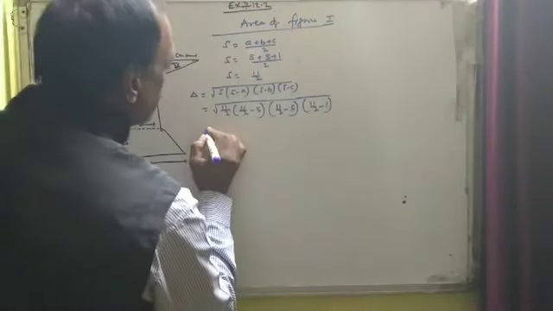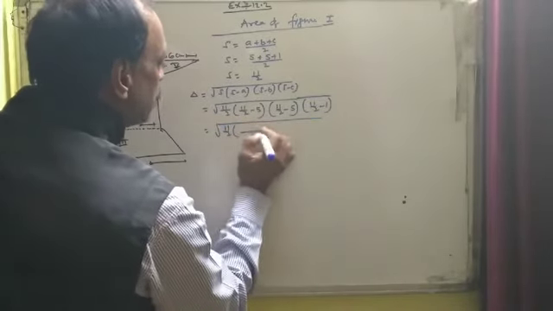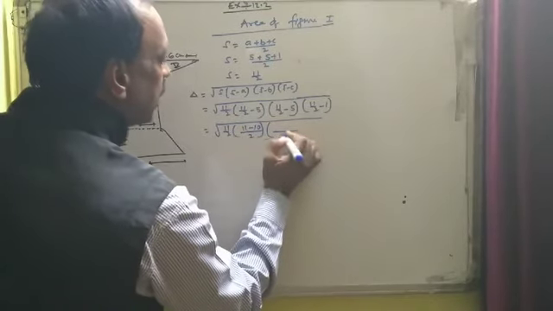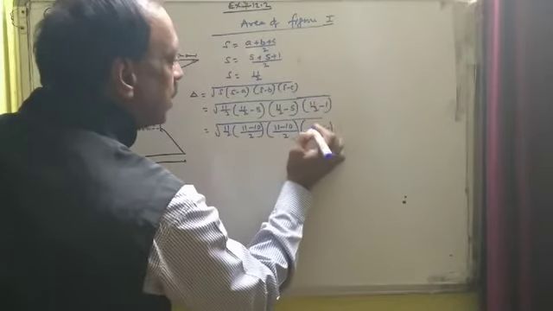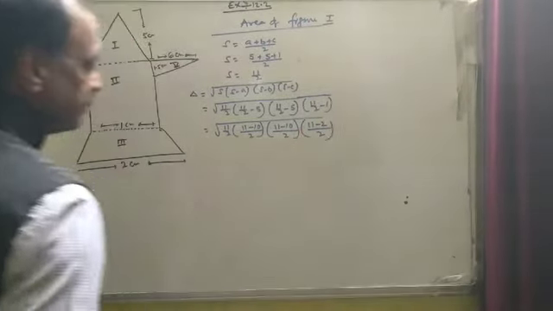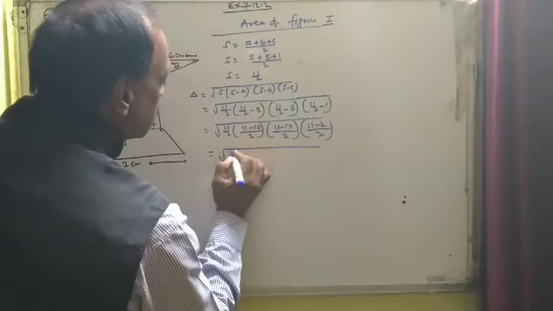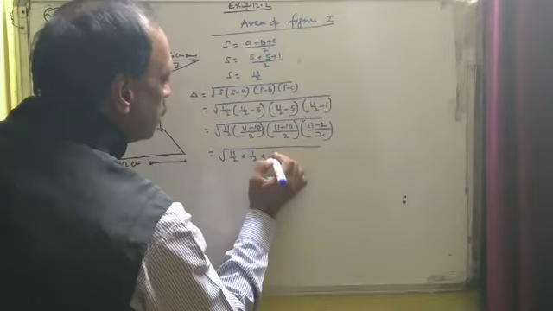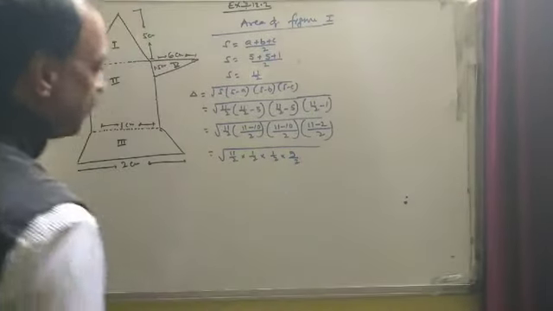Now after calculation we will get these numbers. Here 11 by 2, LCM is there, so 11 minus 10. Again here 11 minus 10, and this one will be 11 minus 2. After this it will be 11 by 2 into 1 by 2 into 1 by 2 into 9 by 2. 11 minus 2 is 9.